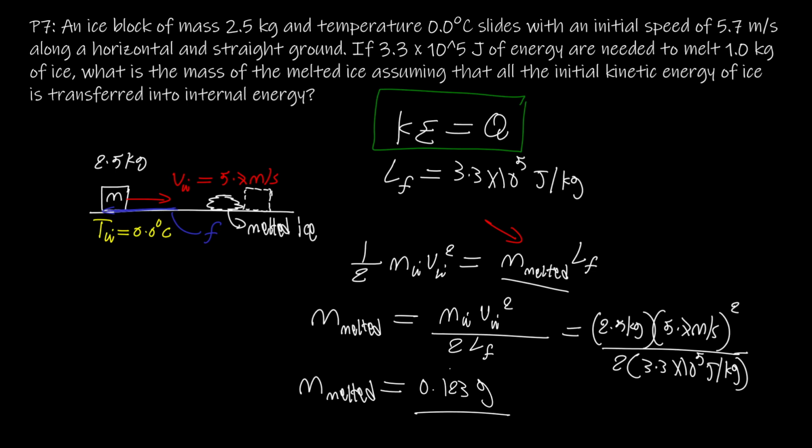Of course, as you solve it, you get kilograms. You have to multiply it by 1000 to make it in gram scale. And that is the amount of melted ice. This is the partial phase change. This is the residue. This is basically the mass of this residue, this melted ice.